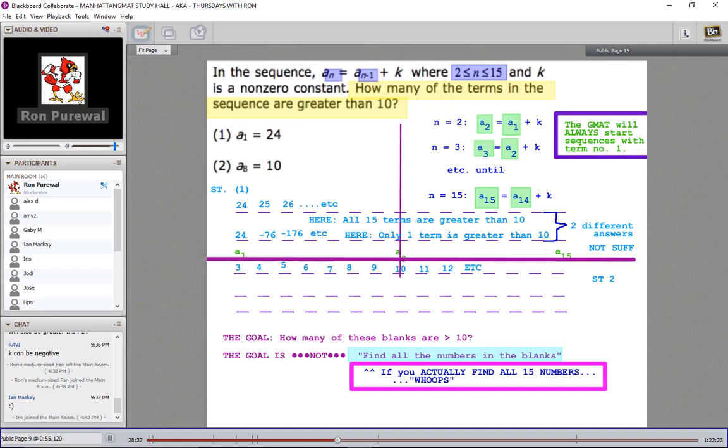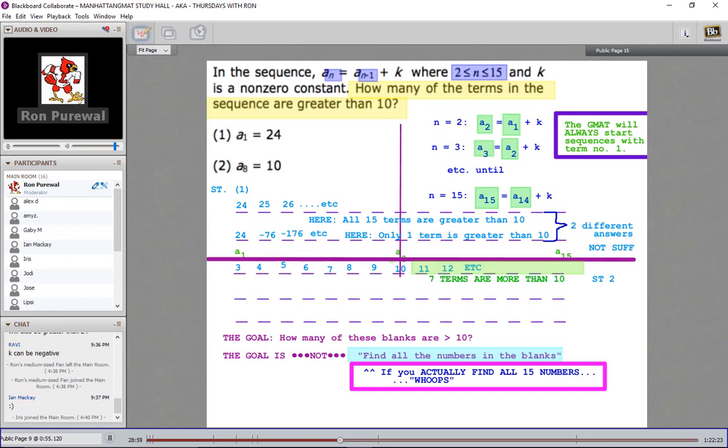Okay. So here you've got 7 terms that are more than 10. Just these ones. What else might we try? That's a positive increment.